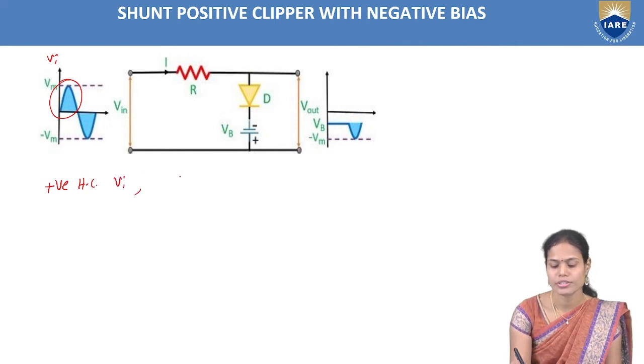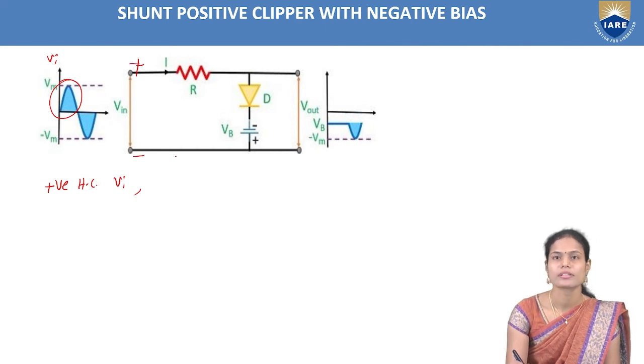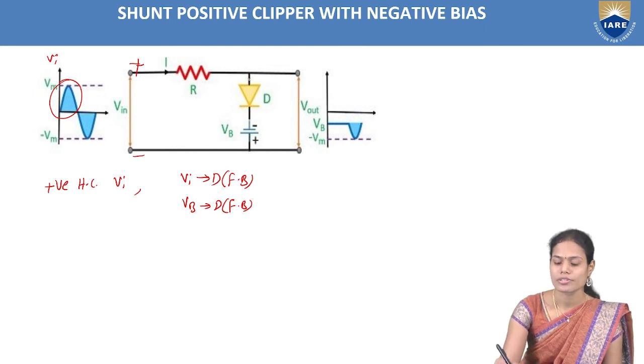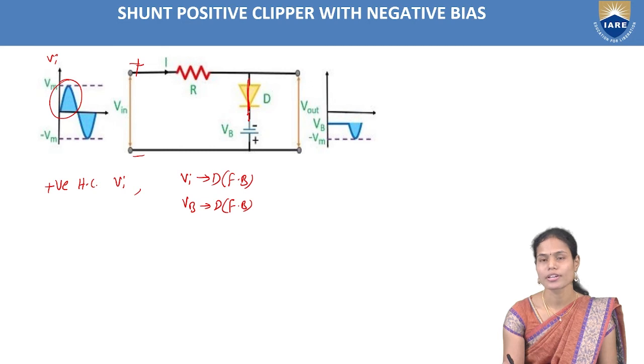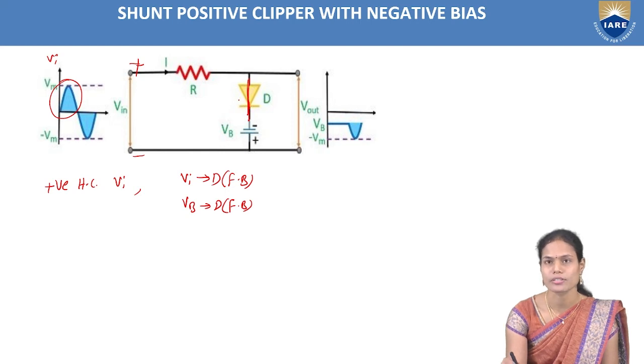Here it is plus, here it is minus, so Vi is making the diode forward biased because of positive polarity, and Vb is also making the diode forward biased. The diode is in conduction mode now, so the total voltage is appearing here only. There is no drop across the diode.